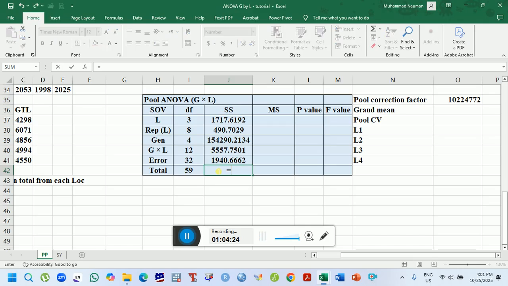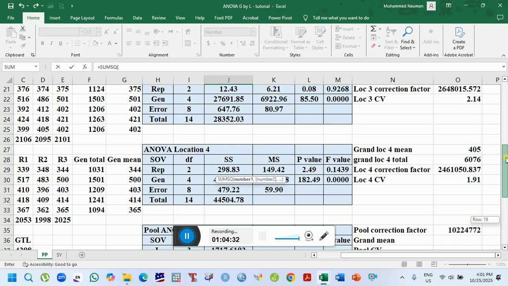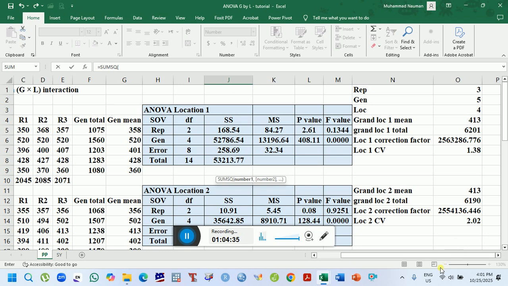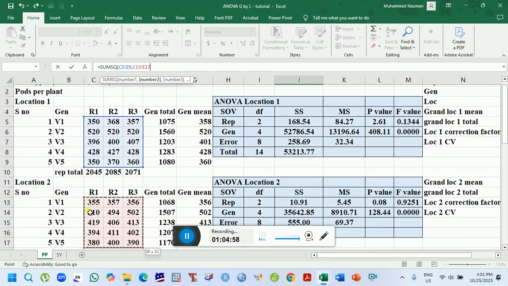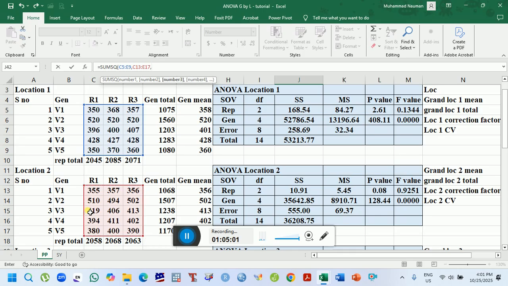Now we will calculate the total sum of square is equal to SUMSQ, sum of square, and make the selection of each genotype from variety 1 to variety 5. So this whole entry will be included in this. Make the range, comma, in location 2 a similar selection will be made, comma, and so on.